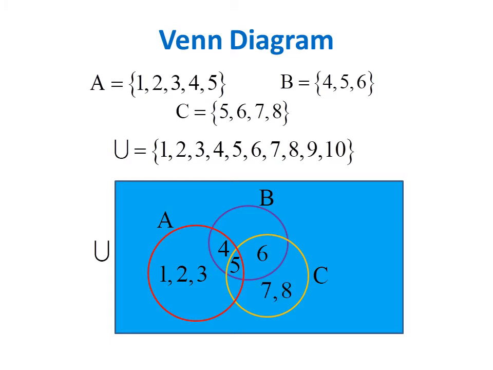How about set B? In set B, we only have 4, 5, 6. But we already have 4, 5, 6 in the intersection, so we don't have to write anything in this portion of set B. Next, how about set C? We have the elements 5, 6, 7, 8. But in the intersection, we already have 5, 6. So in the remaining portion of set C, we have to write 7 and 8.